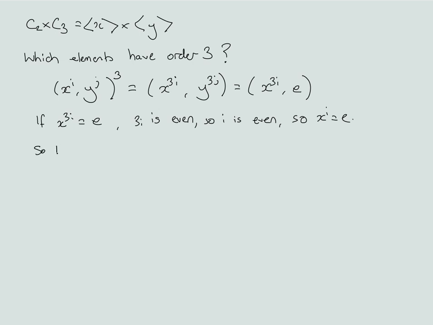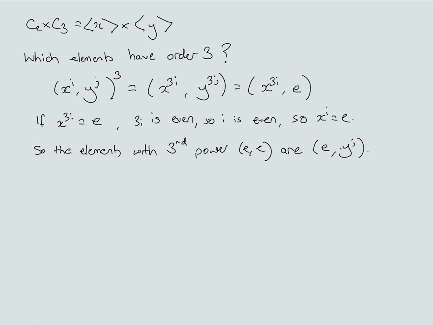So the elements with third power equal to our identity element (e,e) must be the identity in the first place, and then y to the anything in the second place.